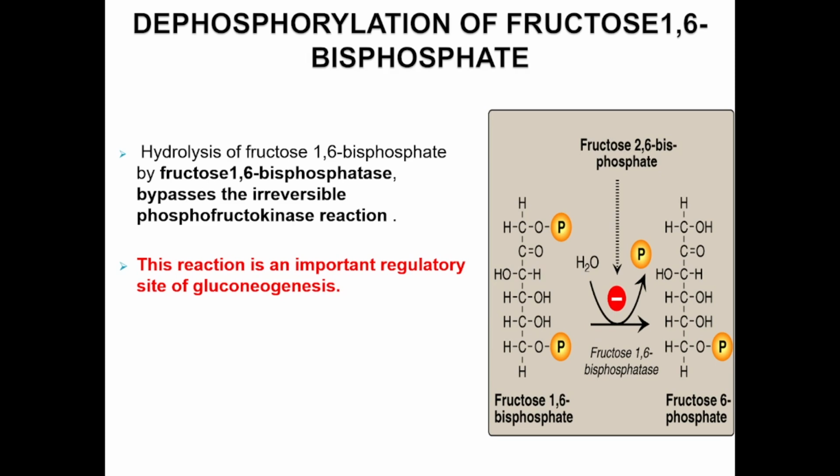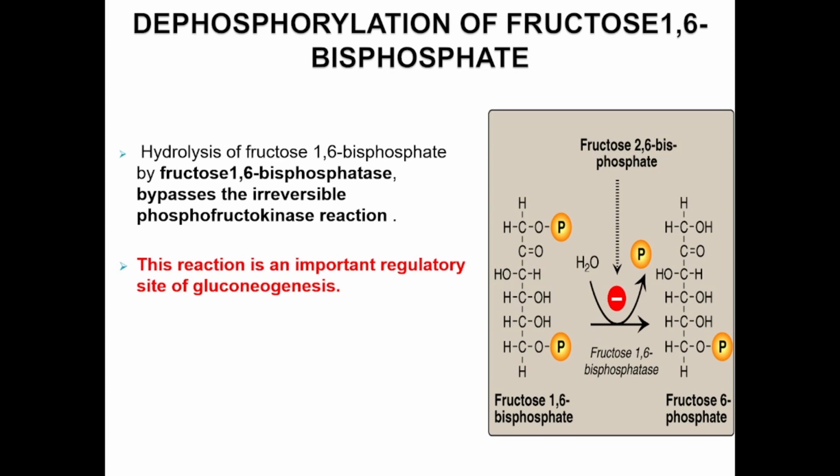When we talk about the regulation of glycolysis, we said that all the irreversible reactions are very important regulatory sites for glycolysis. It is the same for gluconeogenesis. Those are the sites where, I mean, the body cannot do glycolysis and gluconeogenesis at the same time. This would be just kind of stupidity. Unfortunately, the cell is not stupid.